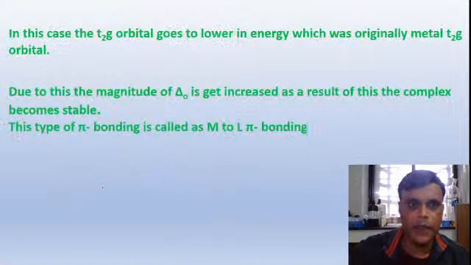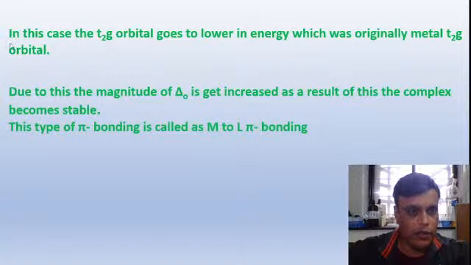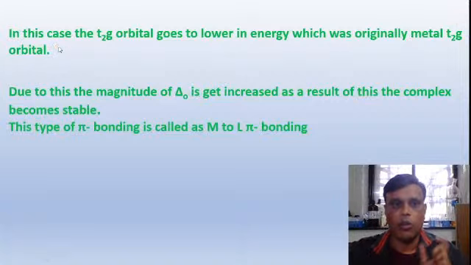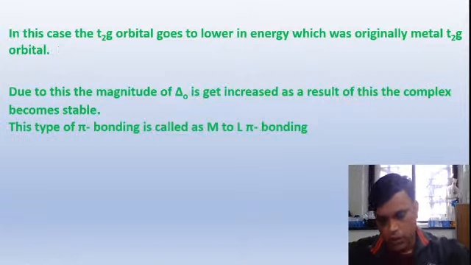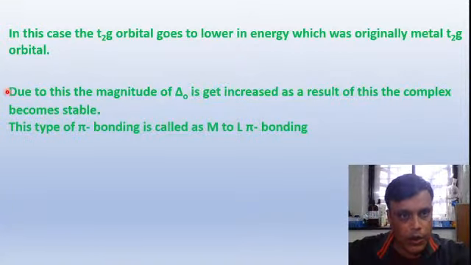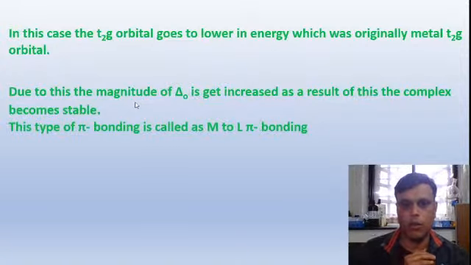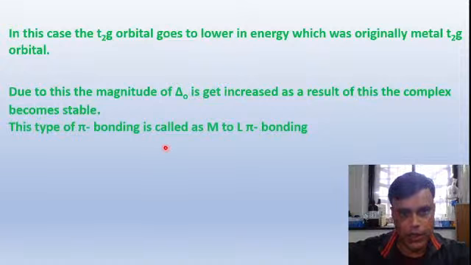Okay, now we will see what happens in this case. Listen carefully. In this case the t2g orbital goes lower in energy, which was originally the metal t2g orbital. Please remember this. Here in the second case, the original t2g metal orbital will go lower in energy, and due to this the magnitude of Δ0 gets increased, and as a result the complex becomes stable, and this type of bonding is called metal to ligand pi bonding.